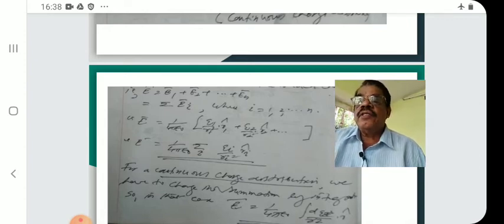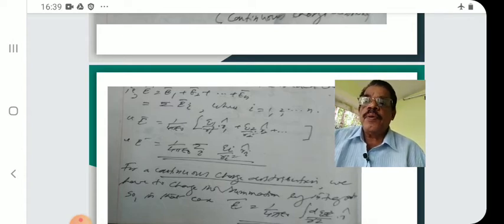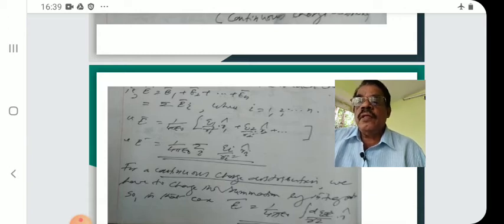Or we write it is equal to sigma Ei, where i is equal to 1, 2, 3, etc. That is, the electric field at the point P is a summation of all the fields produced by the charges.